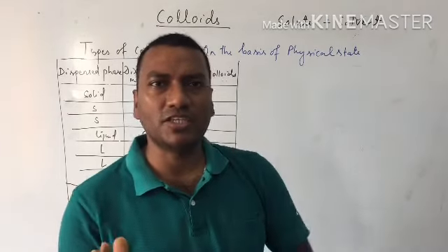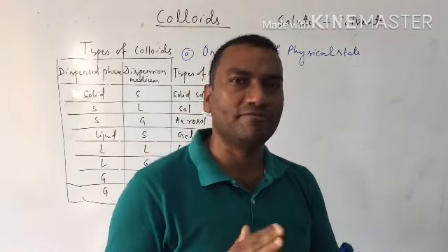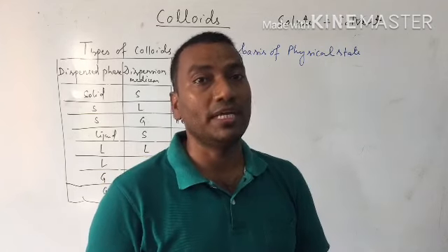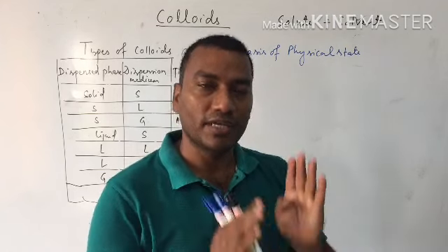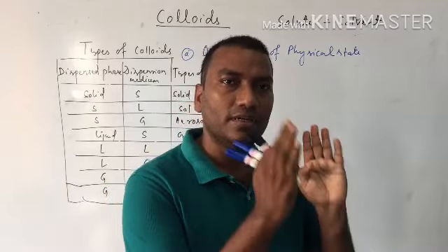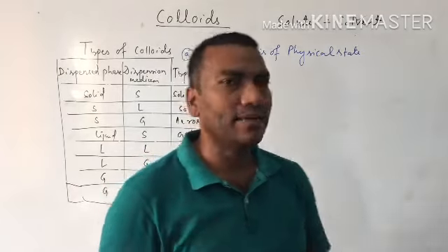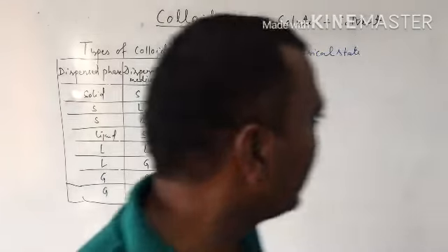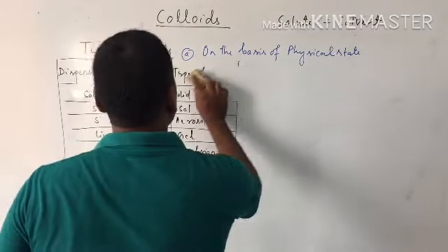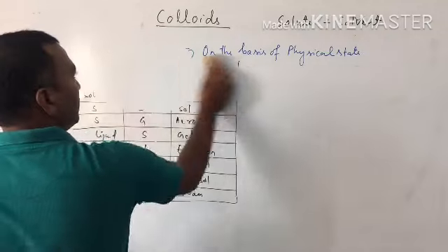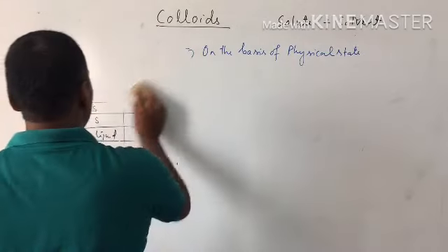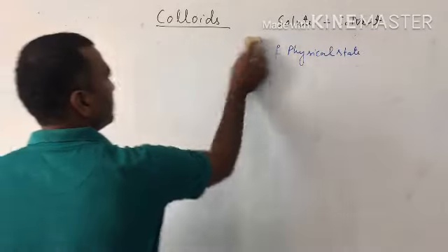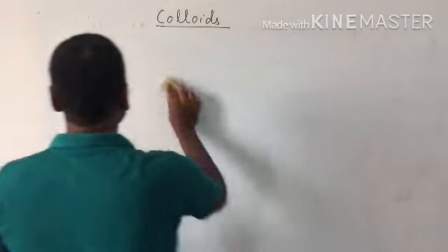So on the basis of physical state of dispersed phase and dispersion medium, colloids are of how many types? 8 types. Phase, medium, type and example you will remember. Clear now? This is the first type of classification.